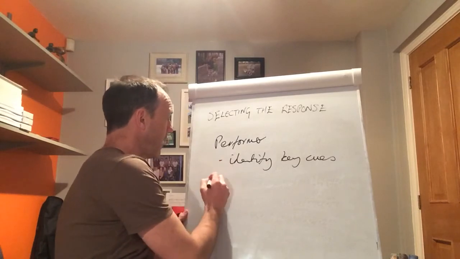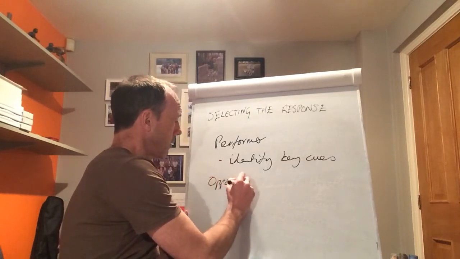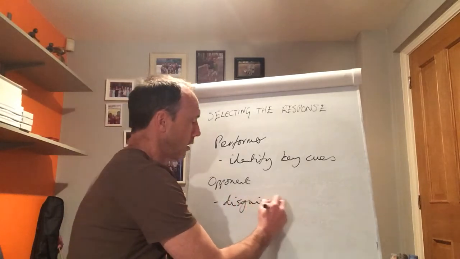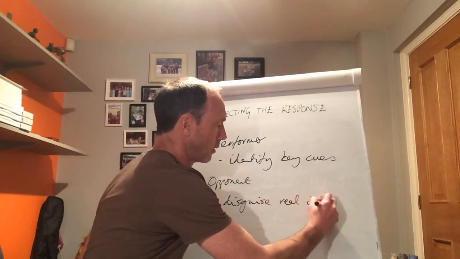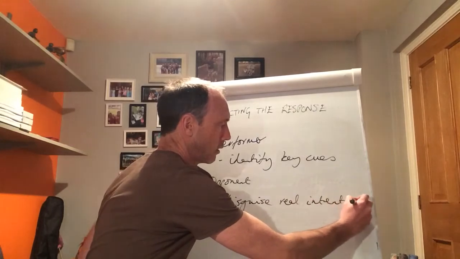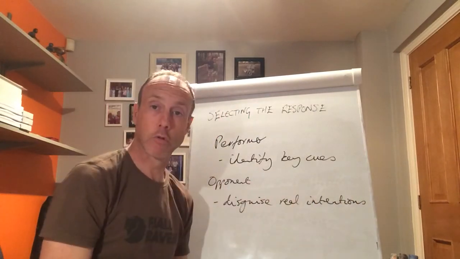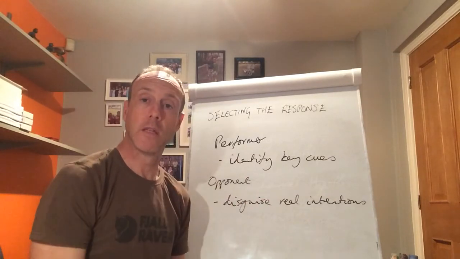However, the opponent has got essentially to disguise real intentions. And if you disguise them well enough, you incur the psychological refractory period, and the space is there for you to use.